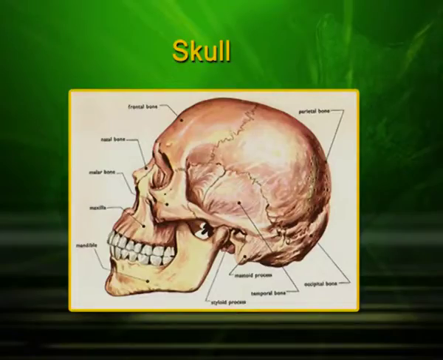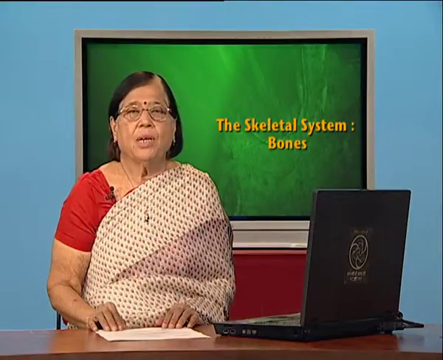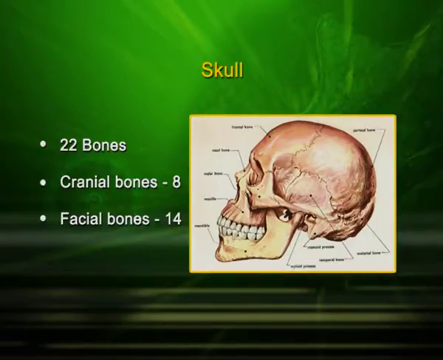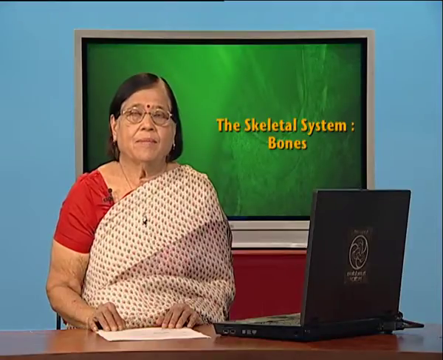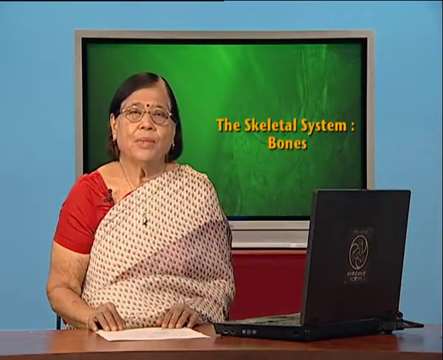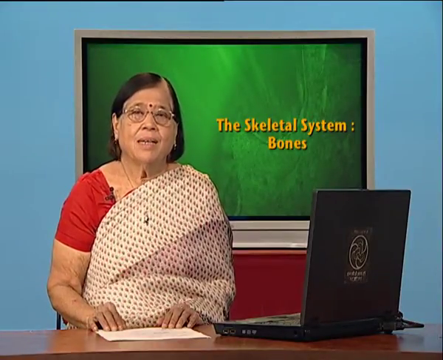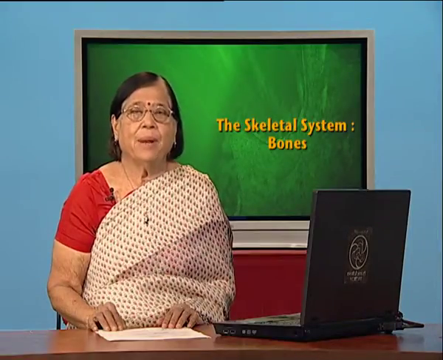Let us start the discussion with the skull. The skull is made up of a total of 22 bones. There are cranial bones, 8 in number, and there are facial bones, 14 in number, which makes this 22. Now, the cranial bones in the skull are a very hard protective covering. They are protecting the brain.